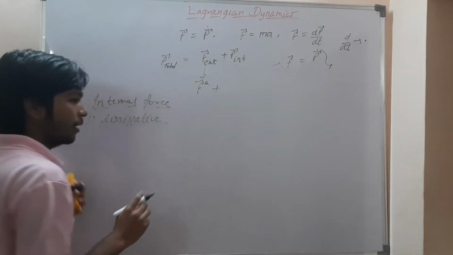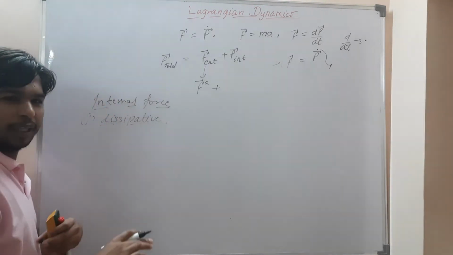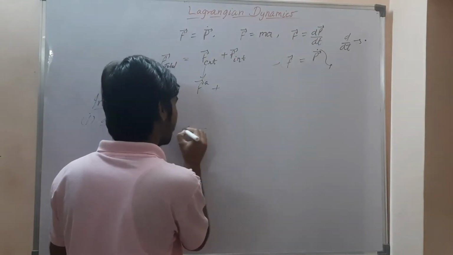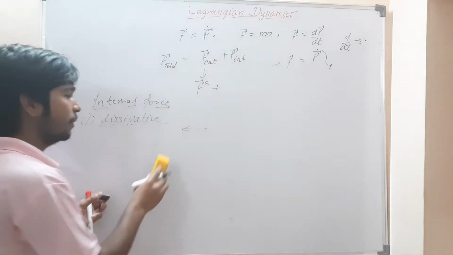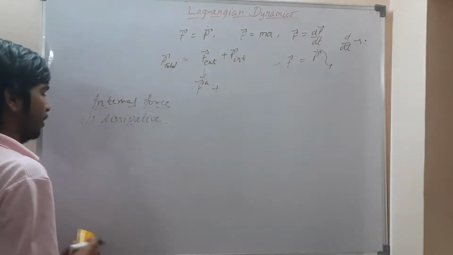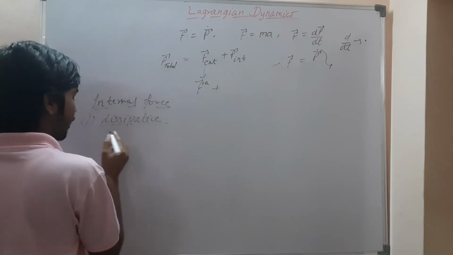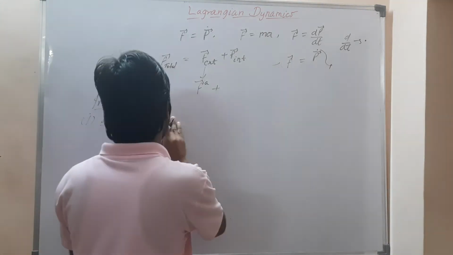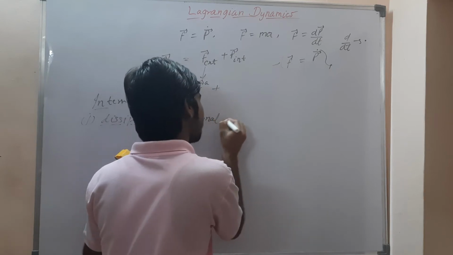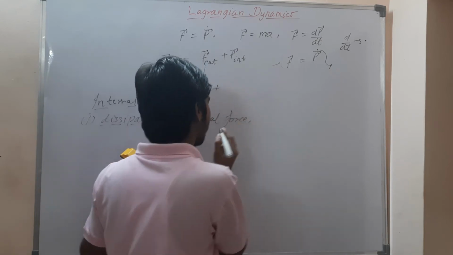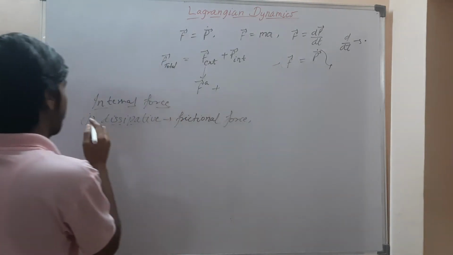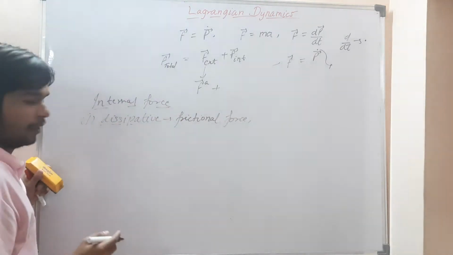It opposes the motion of the particle, acting in the opposite direction of the motion, so it works to decrease the total energy of the particle. For example, frictional force and viscous force. These are examples of internal, that is dissipative, force.